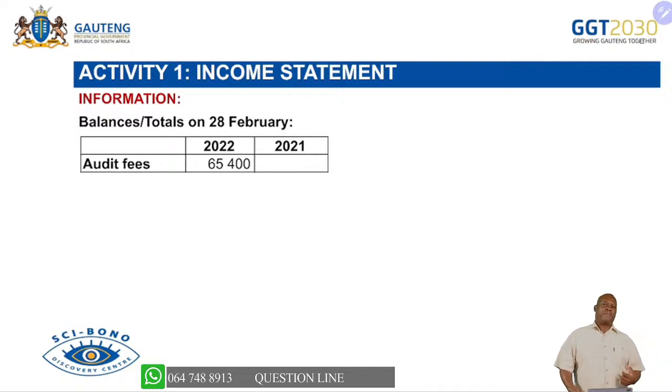But if you check here, there is no way in which we are going to pay more in audit fees, but the company will always pay less in audit fees. So this adjustment is always increasing from the figure that is given. So the audit fees figure that you are having there, 65,400, is the paid audit fees.